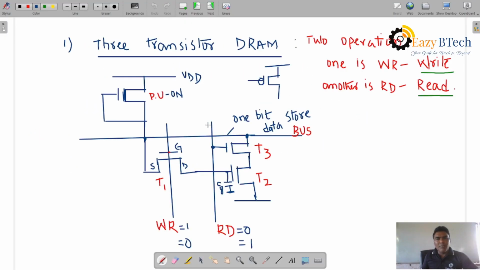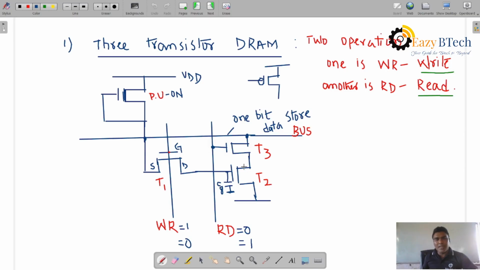Like this, there are millions of transistors in the DRAM, so more data can be stored in digital form. When converting from analog to digital, the data is stored in digital form in the memory location. In digital form means it is connected through the registers to the memory cells.